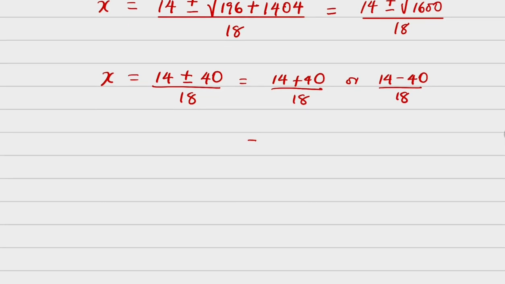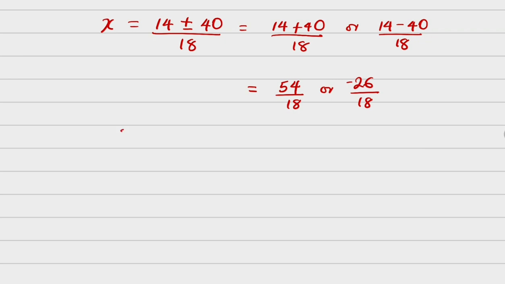So in this case, this is going to be 54 over 18, or we are going to have minus 26 over 18. So my x, we have two values: either x is equal to 3, because this is actually 3, or we have minus 13 over 9.